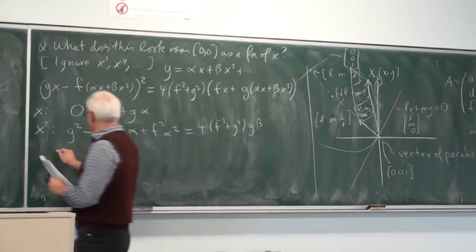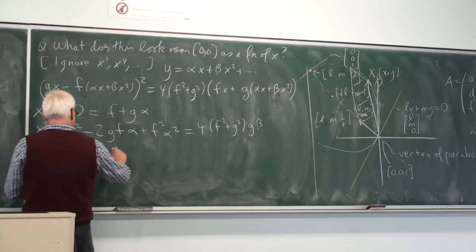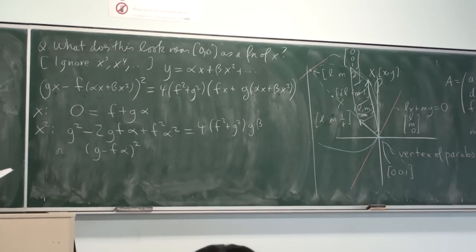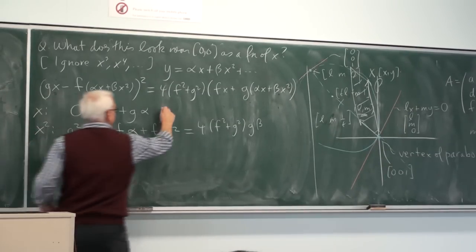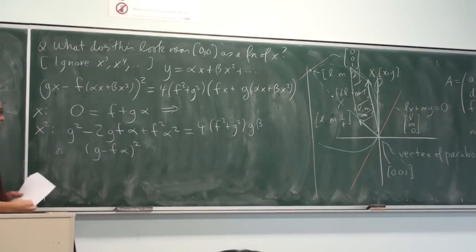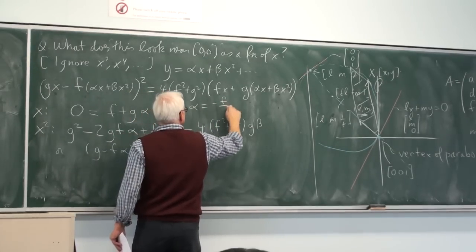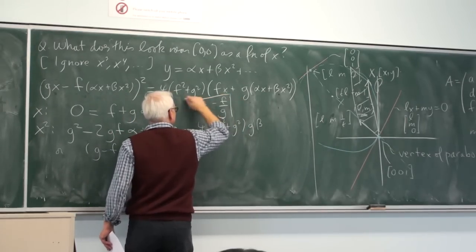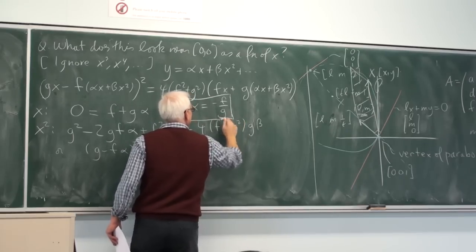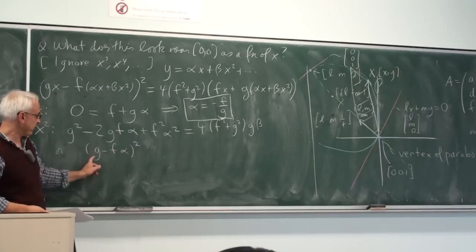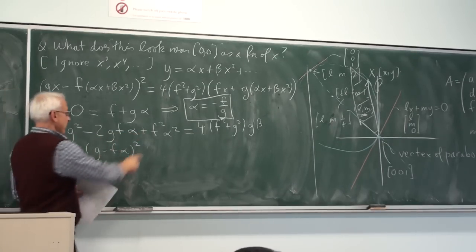Well, this can be rewritten pleasantly as g minus f alpha all squared. And I guess maybe I should say from the first one, we can immediately say what alpha is. Alpha is going to be equal to minus f over g. And so when we rewrite this second one, first of all, we just observe this thing is a perfect square. It's this thing here. And then we know what alpha is.